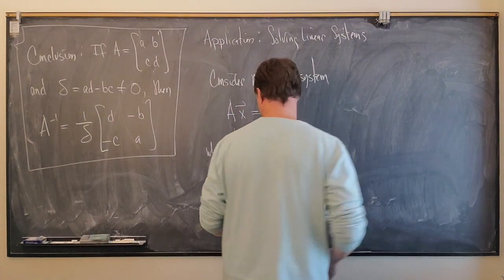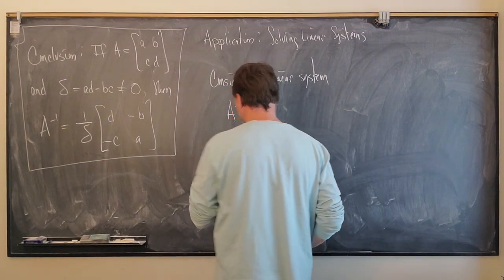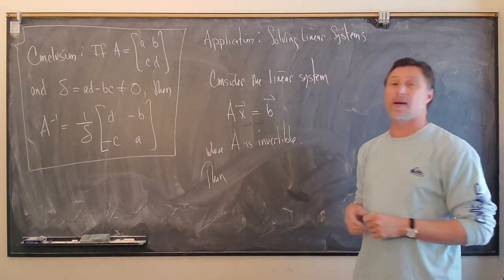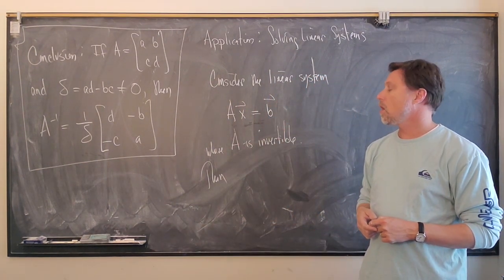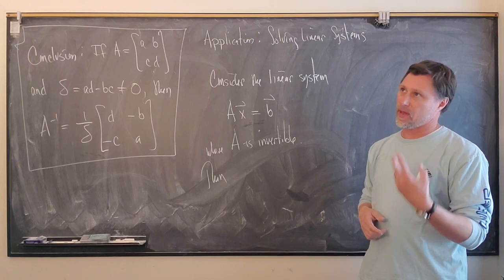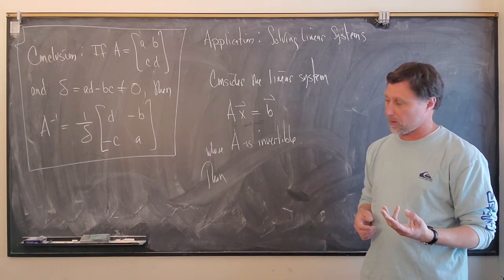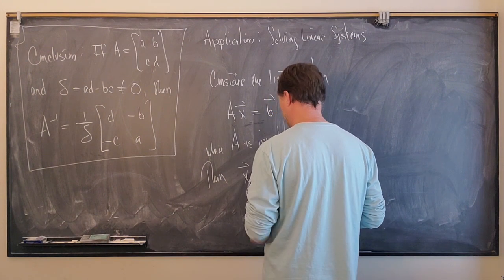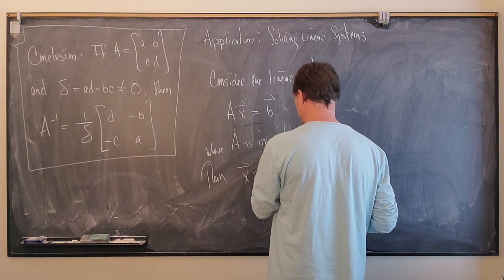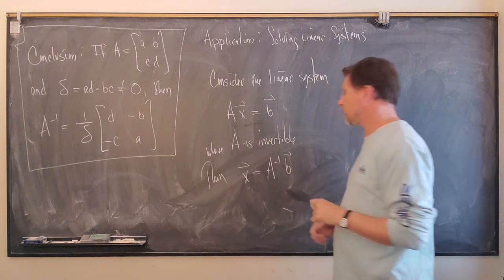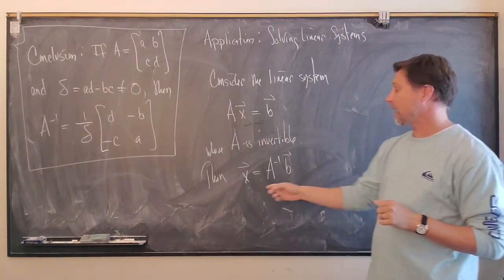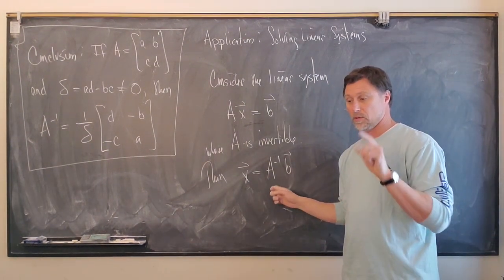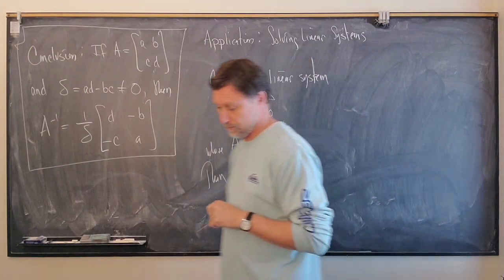Then, if I multiply both sides of this equation by A inverse, on the left-hand side, I'll have A inverse times A, which goes away. So then we will have X on the left-hand side. On the right-hand side, we'll have A inverse times B. And that will tell us exactly who the solution set to our linear system is.